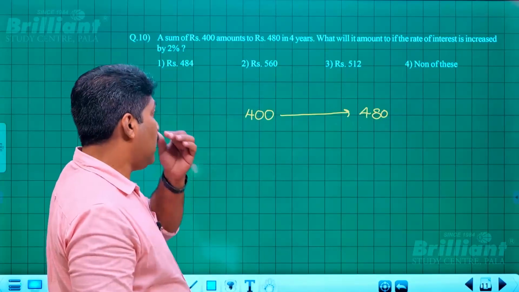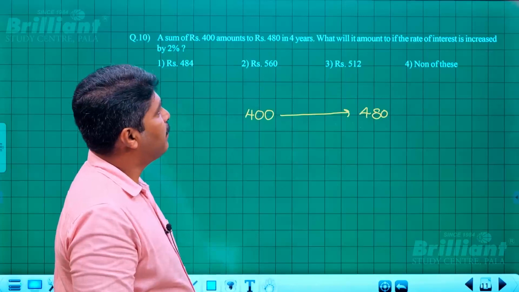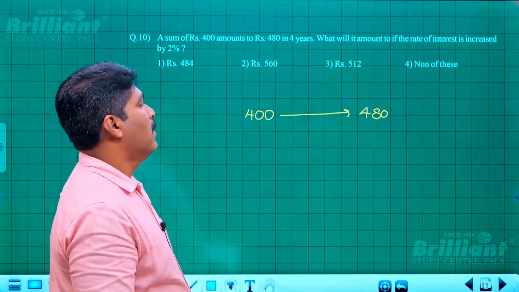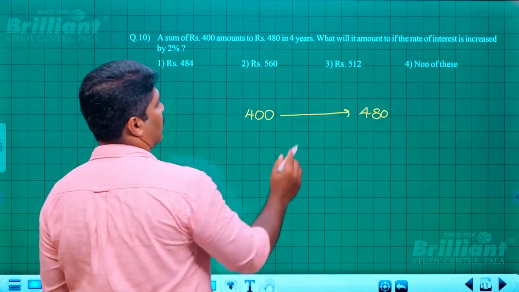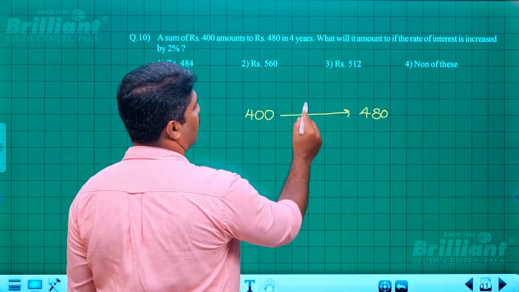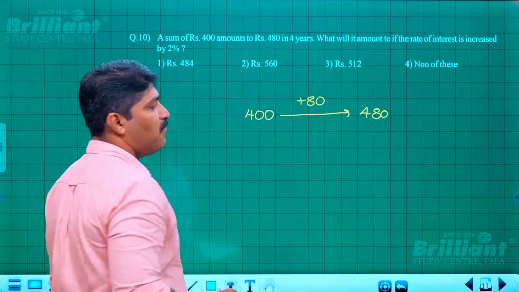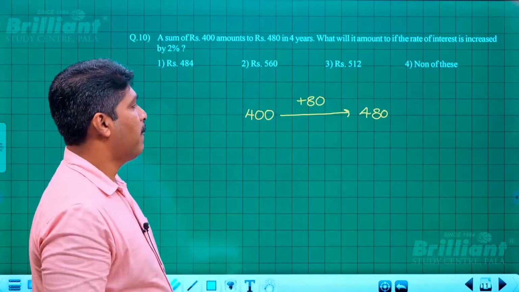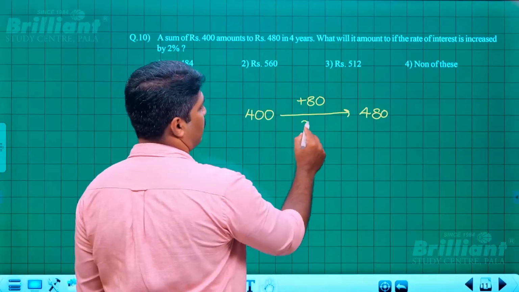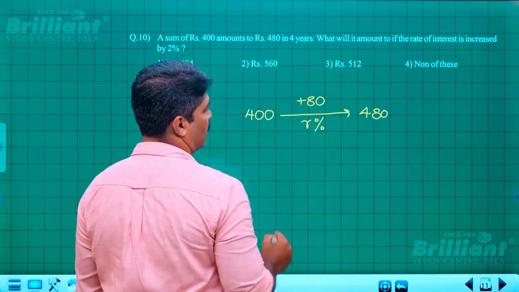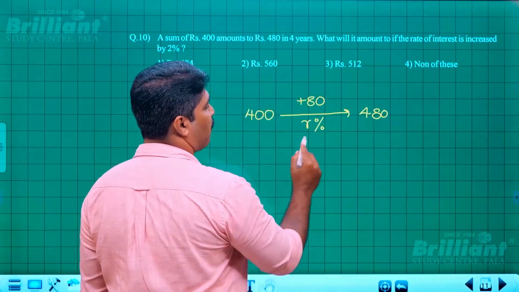So in 4 years, it has increased like this. That means an 80 rupee increment here. So we just consider it has increased by rupees 80. It occurred in 4 years, at a certain percentage, that is R% per annum for 4 years.